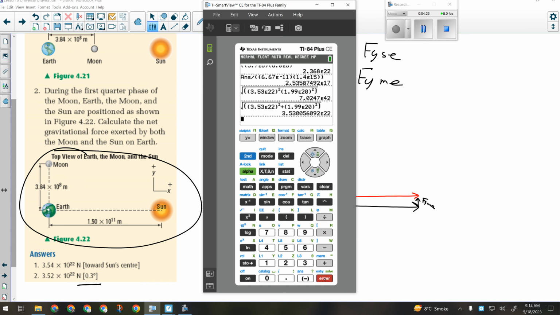So now when I do the trigonometry calculation, I'm going to use the adjacent side and the hypotenuse to get that angle. So I'm going to go inverse cos of the adjacent side, which would be 3.53 times 10 to the 22, divided by this number.